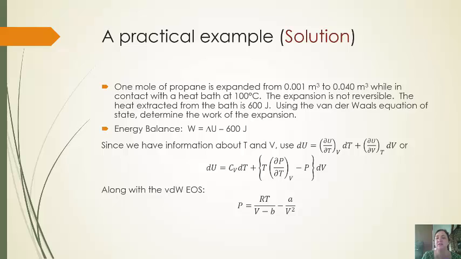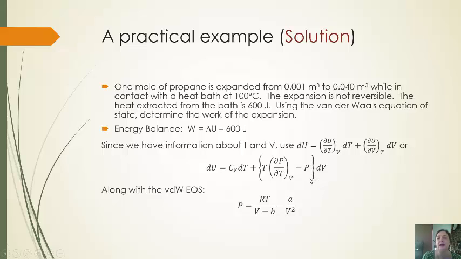Well, this is going to be a process where I'm calculating delta U, and the variables that have been described to me are volume and temperature. So I want to look at how U changes with temperature and volume, the two variables stated in the problem. So this is what I end up with, and from the previous work we know this.